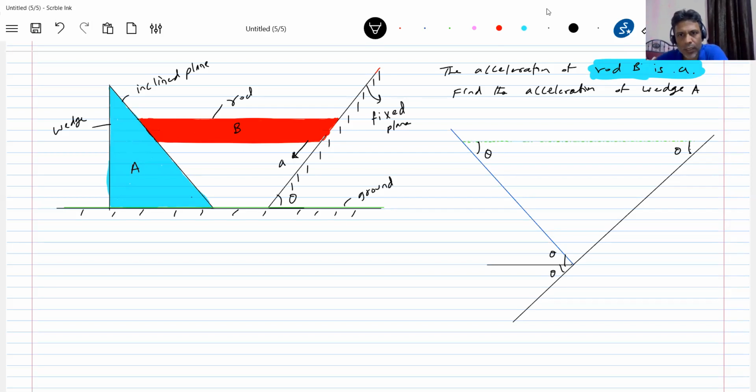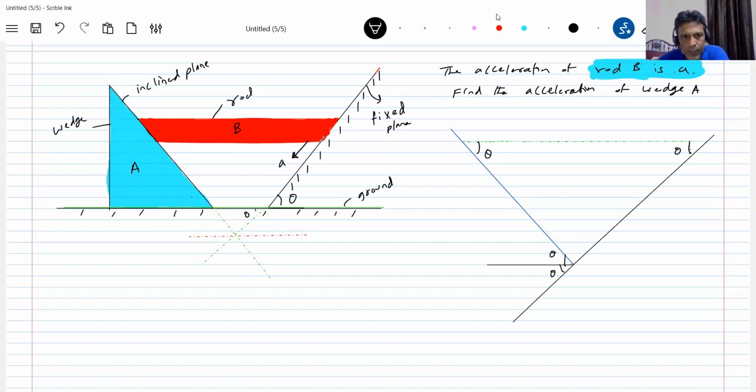Here I'll help you. What I did is I just extended these lines and worked out everything here. So here this should be theta.